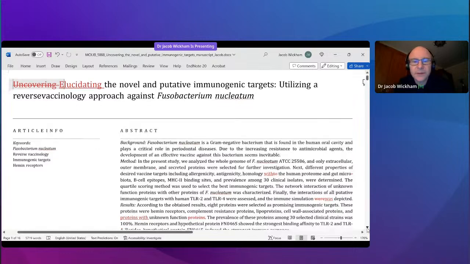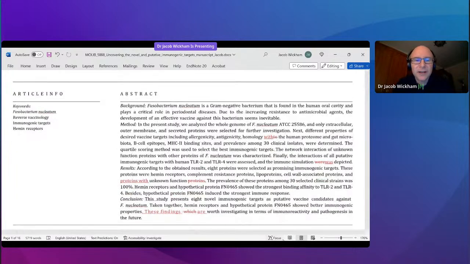I'm going to scroll down so you can see the entire abstract. As you can see, this journal requires a structured abstract. You don't have to edit these as much because each of these sections is pretty clear.